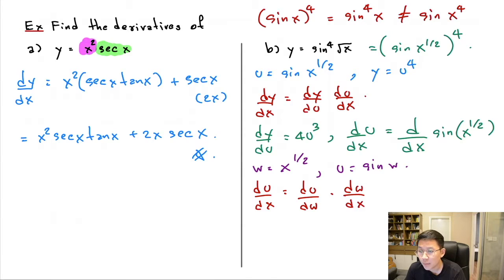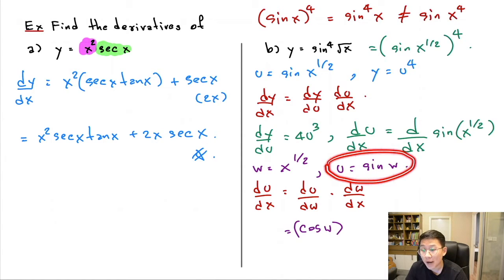So du by dw, what is it? It will be just cos x, isn't it? Sorry, it's not cos x, it's cos w. Why? Because u is sin w.